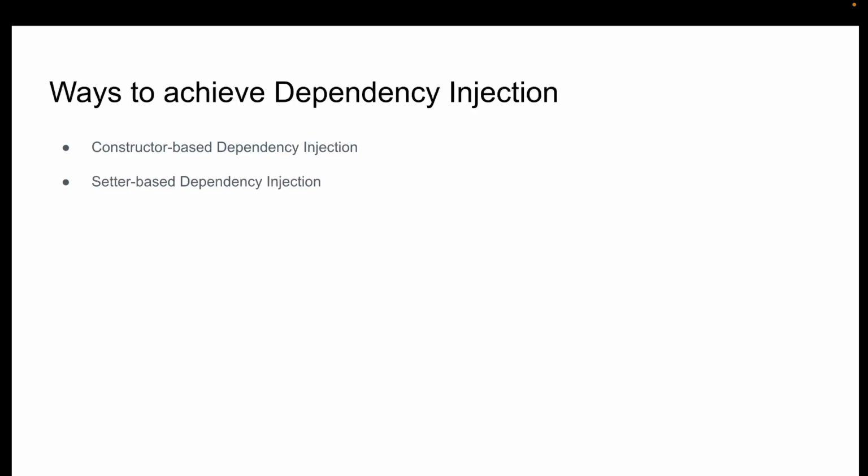So you will initialize everything in your constructor, and when you do this dot address equal to address in your constructor, that is injecting the dependency through the constructor. It means you have injected the address dependency in your employee class with the help of a constructor. So this is a way of achieving constructor based dependency injection.